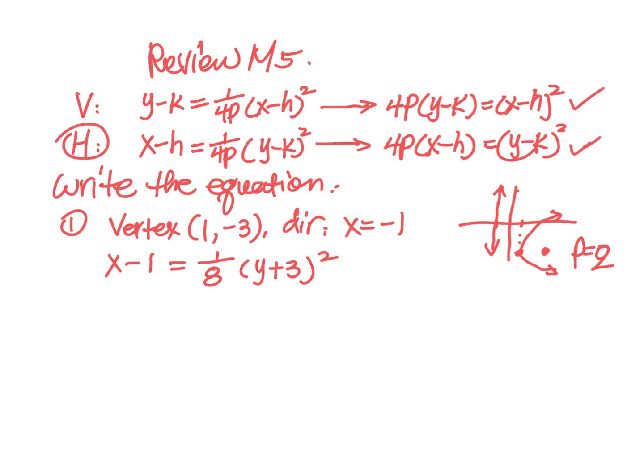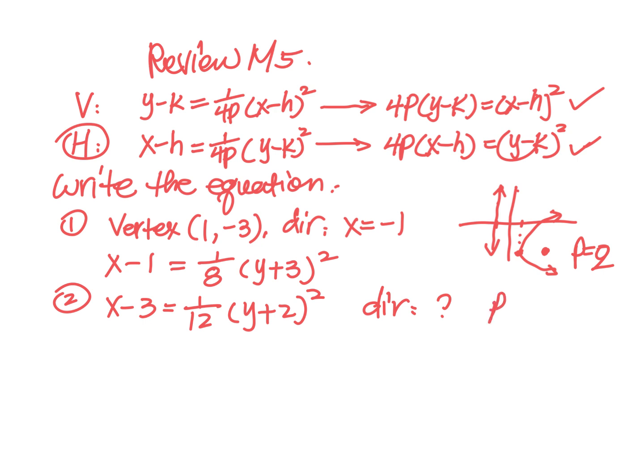Let's look at example number 2. If we give you x minus 3 equals 1 over 12 times y plus 2 squared, and I'm asking you what is the directrix. Same thing, you can figure out horizontal or vertical. Since we just did a horizontal one, you can see that this is horizontal, and p equals 3.